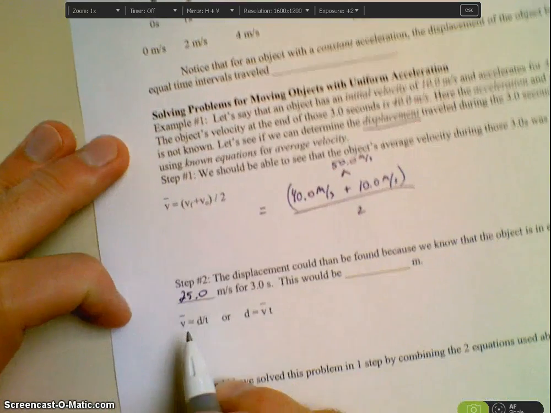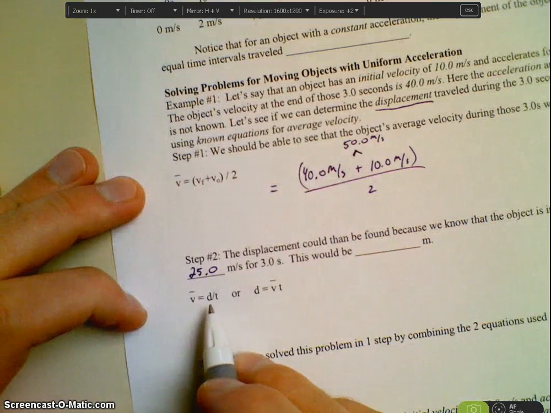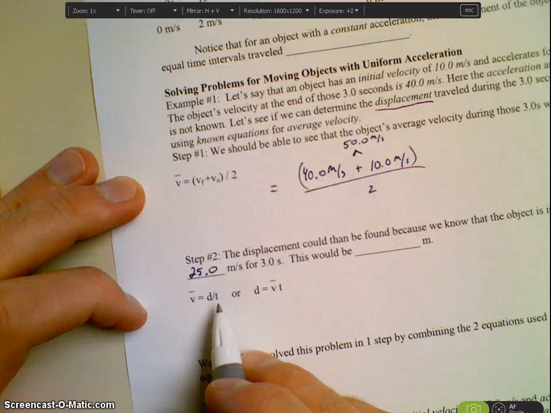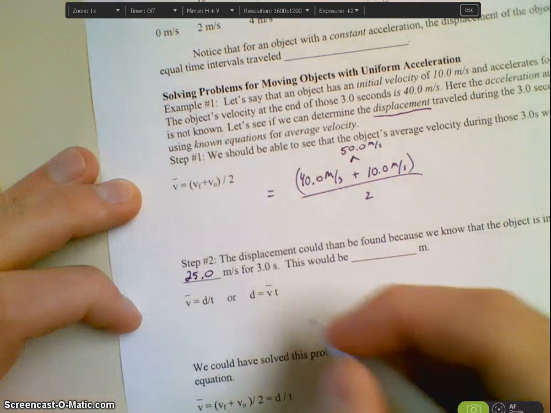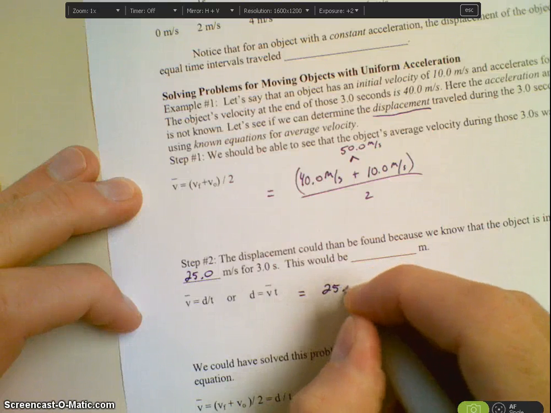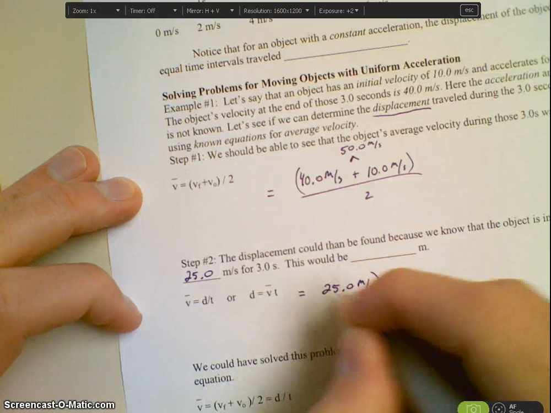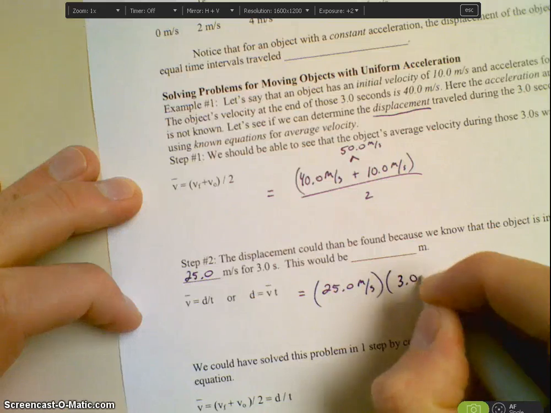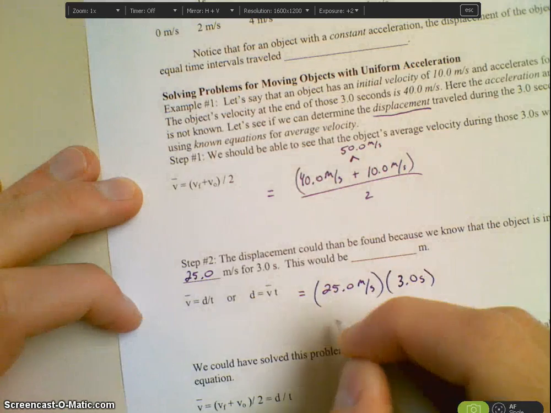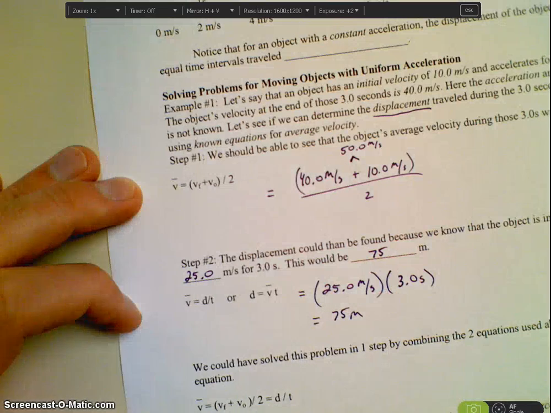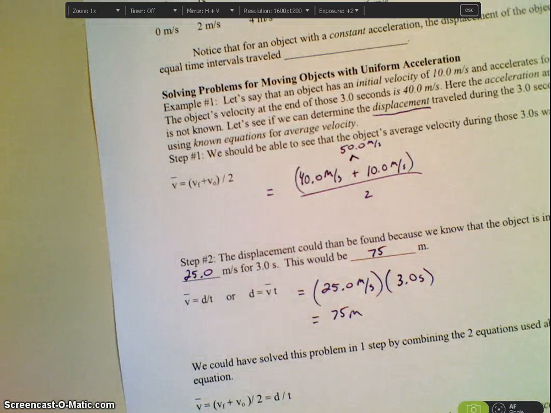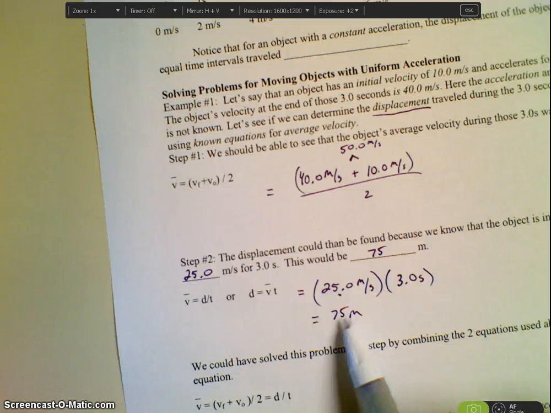Using our equation that the average velocity is the displacement over the total time, we can solve for displacement. It's just velocity times time, and therefore we get 25.0 meters per second times 3.0 seconds for a grand total of 75 meters. Again, 3 digits, 2 digits, the answer has 2 digits.